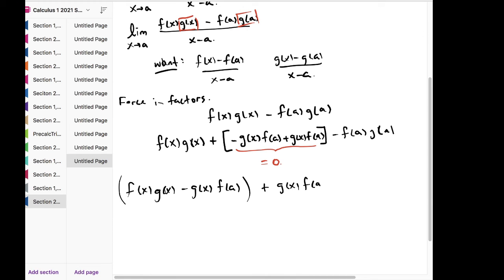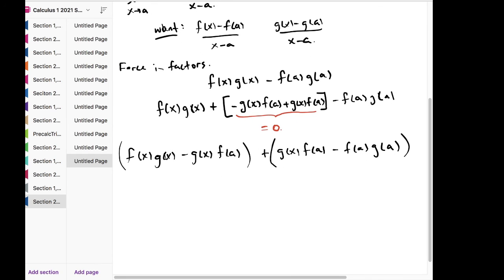Can someone tell me how do you factor the first one? How do you factor this? Yeah, factor out the g of x. And what's left over is f of x minus f of a.